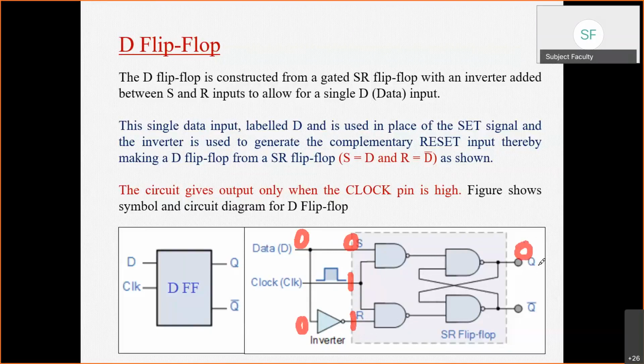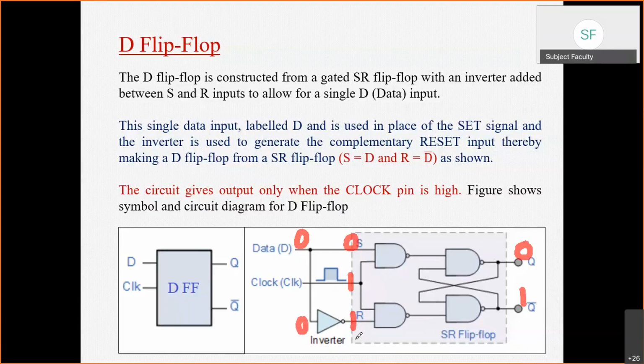Output is nothing but the normal output we are talking about. So the inverted output, or complemented output, will be 1, right? From the truth table of SR flip-flop, I'm writing this directly, because you can observe that the value of this reset is high, so the output will be reset to 0.